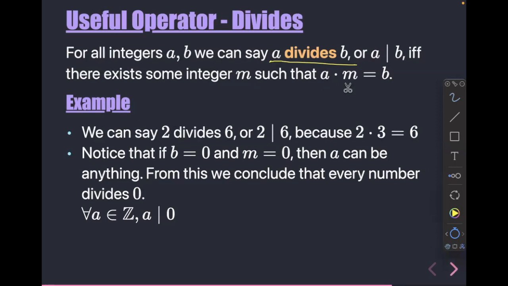So if M is 0 and B is 0, A times 0 is going to be 0. So A can be anything. So basically any number, you can say any number divides 0. So this is an interesting property that we get from the way we define divides, that you could say any number divides 0.